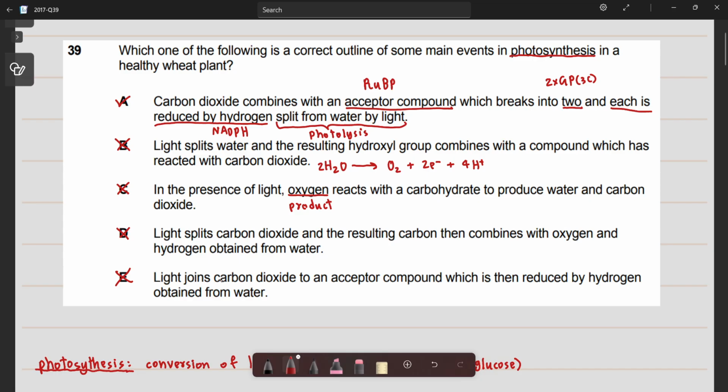Light does not join carbon dioxide. Carbon dioxide is used in the Calvin cycle, which is the light independent reaction, while light is used in the light dependent reaction. Carbon dioxide is not involved in the light dependent reaction. So you can easily cancel this out. Option E is wrong. That's why option A is correct.